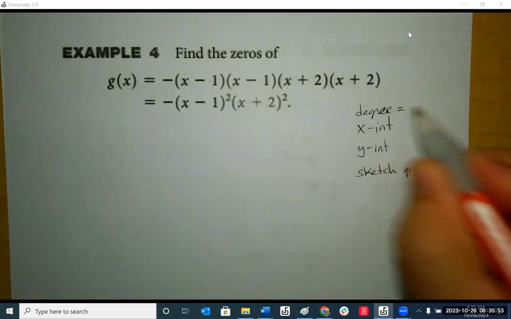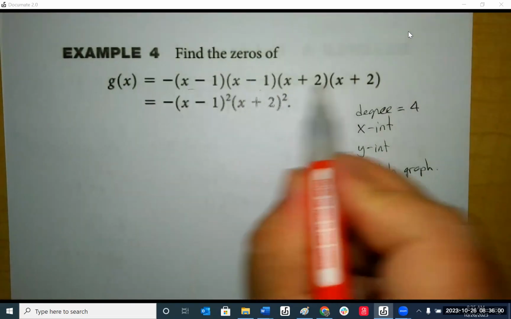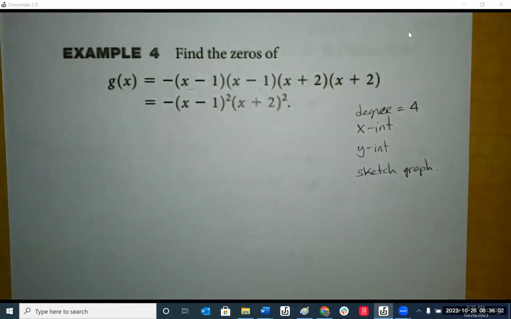What's our degree? 4. Because we're going to have 4 solutions, or just add the exponents, we'll get 4.